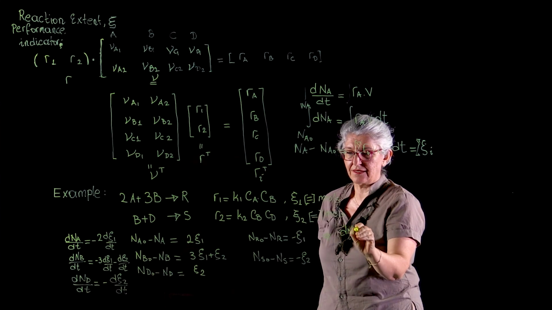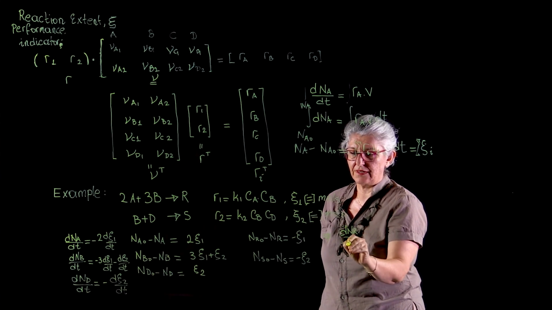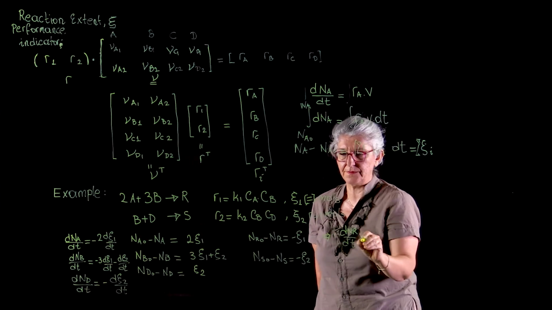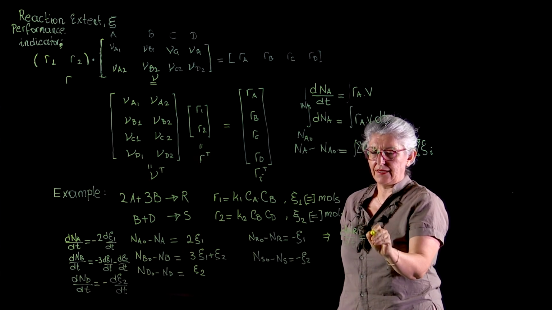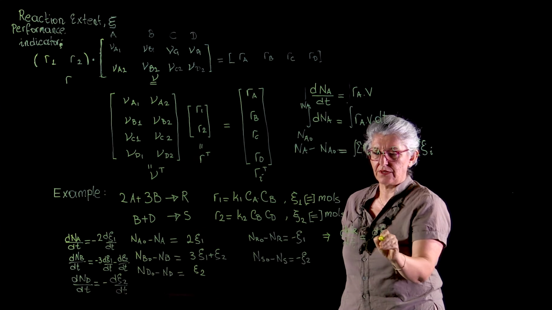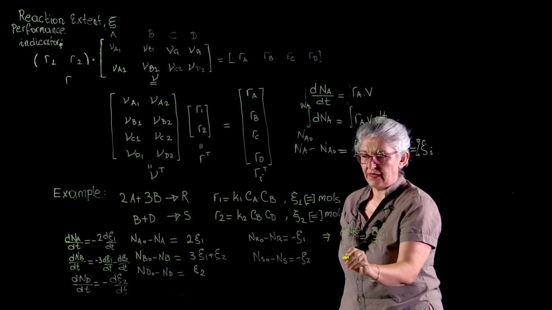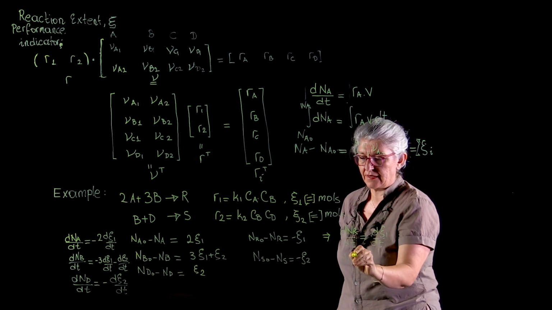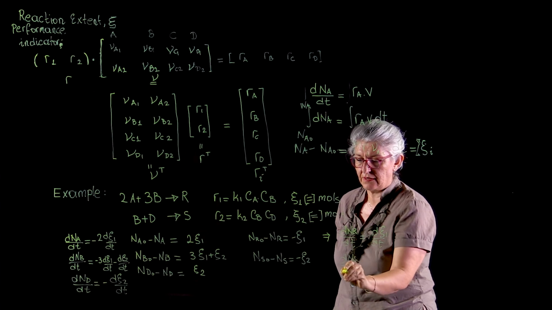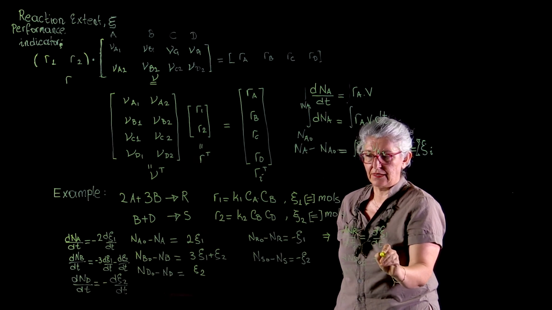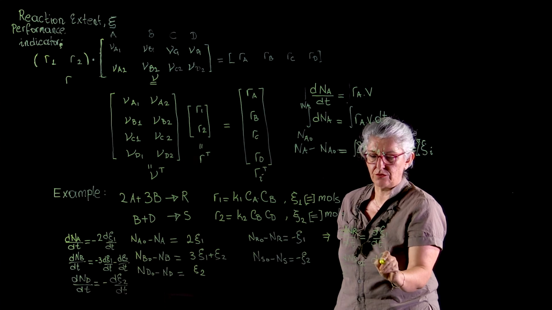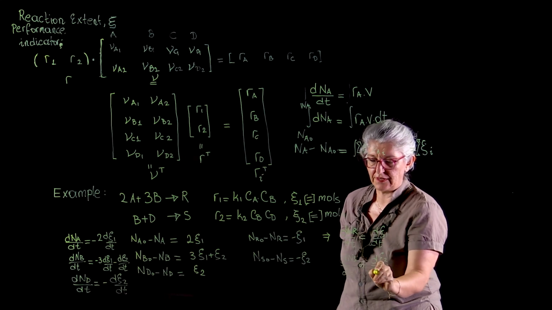So let us write the derivatives here as well. dNR over dt is going to be d psi 1 over dt, and dNS over dt will be equal to d psi 2 over dt.